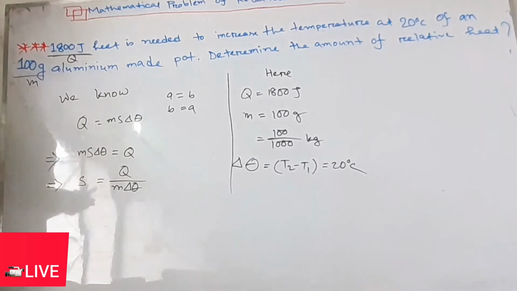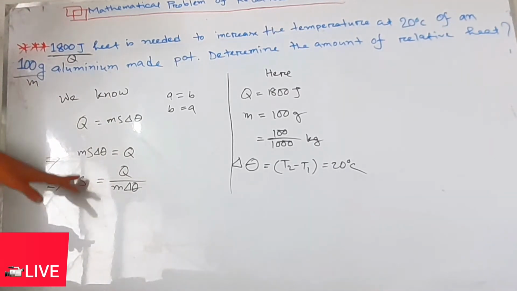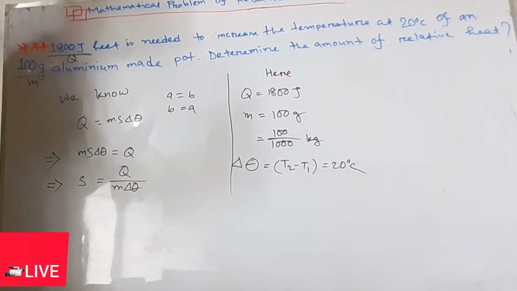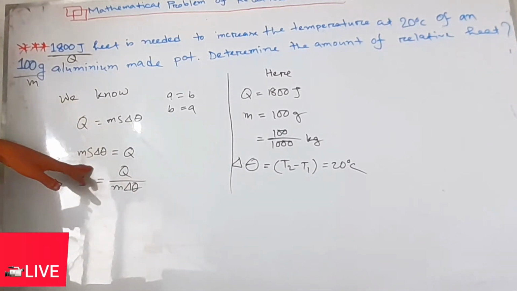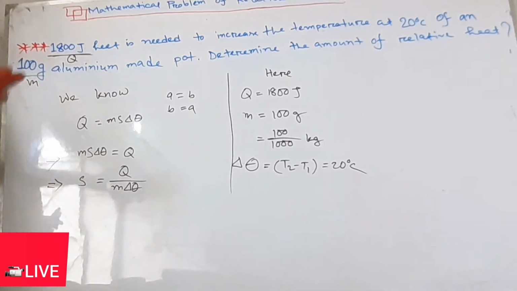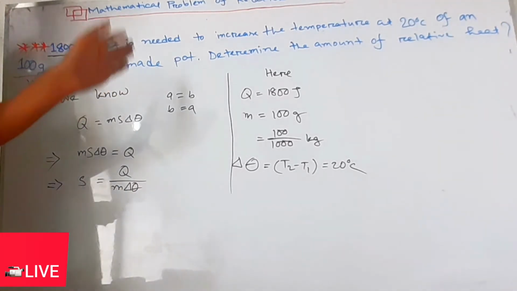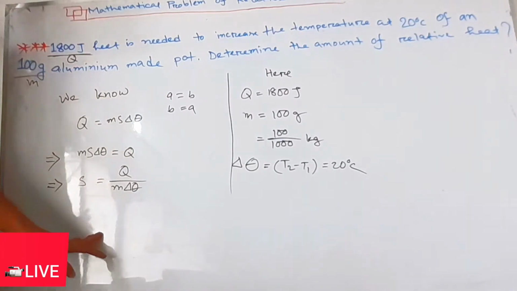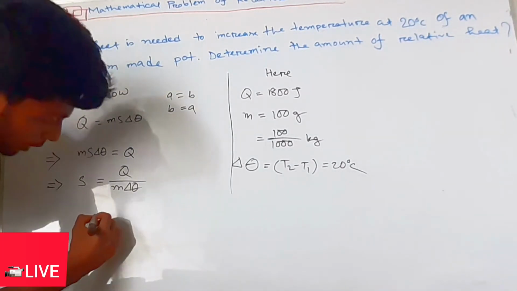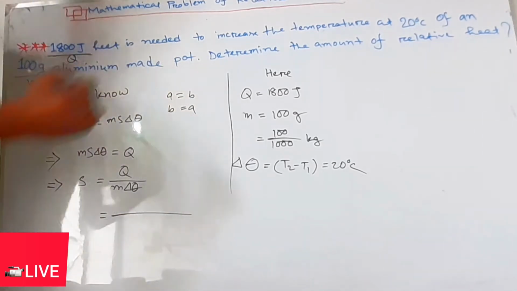Where have I found it? You know, m and del theta are in multiplication with s, but when substituted, they will be written in the next portion as division.